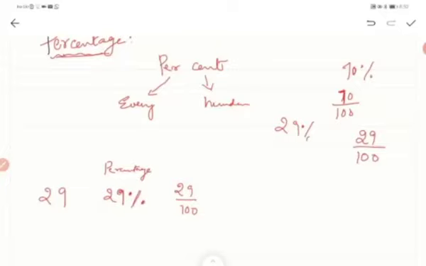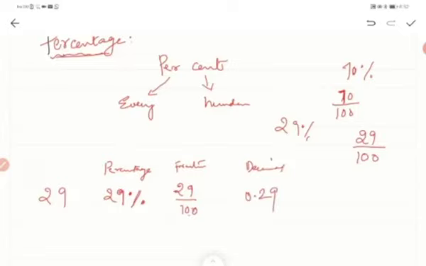If we want to represent 29% in fraction, it will be 29 by 100, and in decimal it is 0.29.